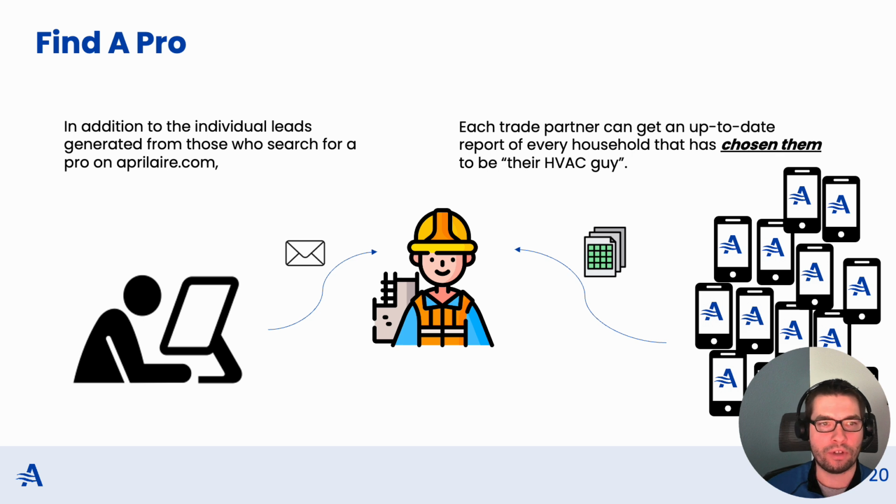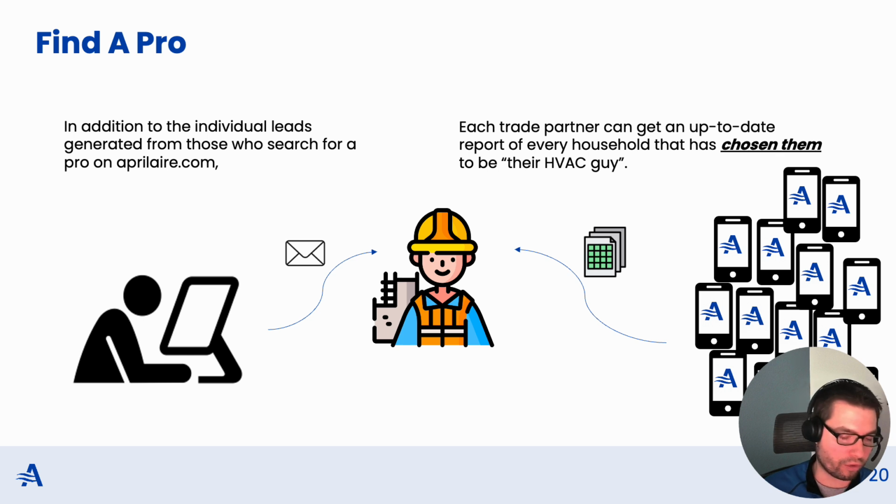So again, data analytics. In addition to an individual generating the search for a pro on healthyaire.com, they can now do it from the app. And since they can do it from the app, the HVAC contractor can now get insights of how many people selected me as their pro, how many people are using my information, how many people are calling me.